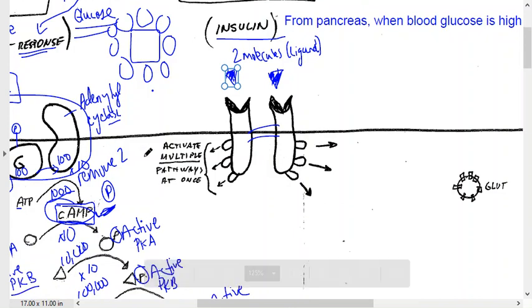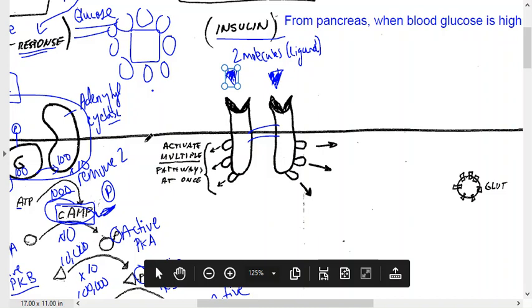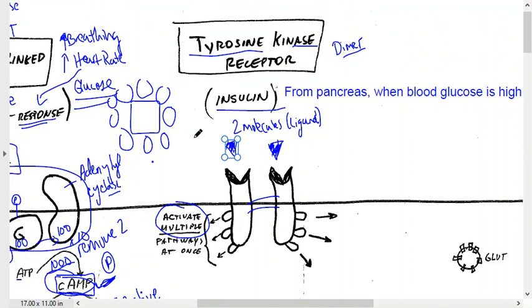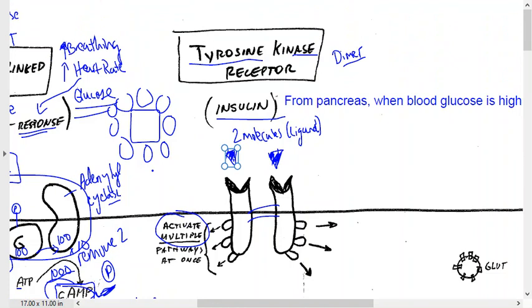And what's going to happen is a variety of responses is going to happen, and this is what's different from the G-linked receptor that we talked about last video. We're activating multiple pathways here, so that's one of the differences. One signal results in multiple responses.